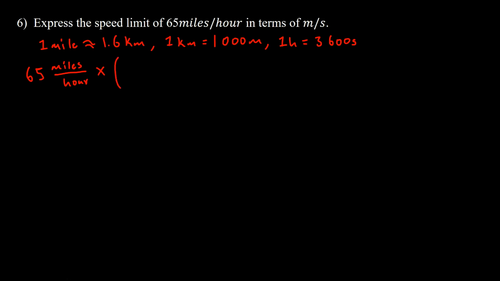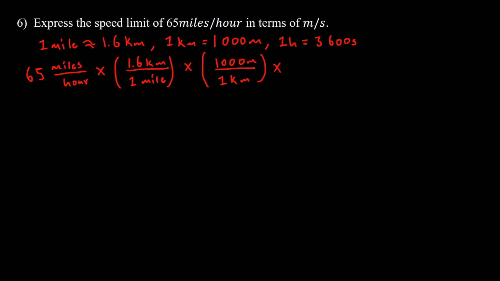Since we want to cancel out the miles, we can put 1 mile down, and then on top we can write 1.6 kilometers. And then the next conversion factor, our aim is to cancel out the kilometer, so the kilometer can be down, and then 1,000 meters on top.